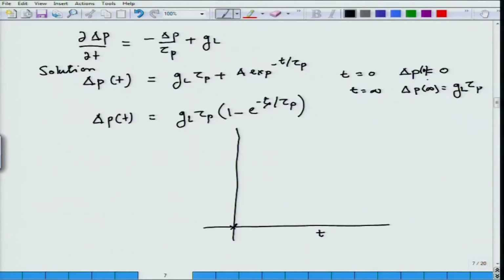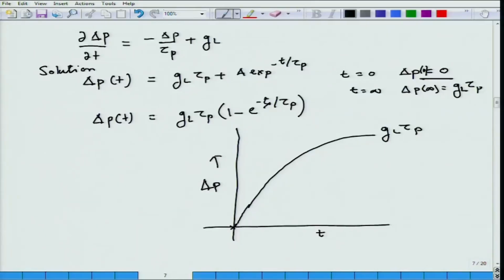This is the condition here, that at t equal to 0, there are no carriers, delta p is being plotted here, and as t becomes very large, this will increase as 1 minus the exponential function. Eventually, it will go to the value of G L tau p. So, this is consistent with what we see physically by solving the minority carrier equation.